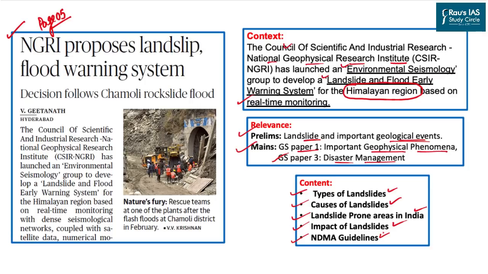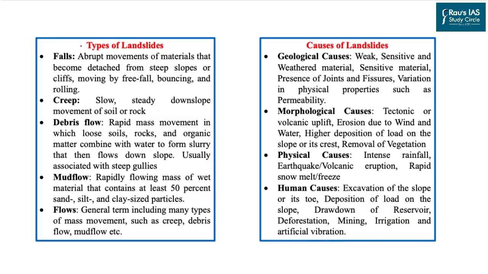So let's start. The types of landslides include falls, creep, debris flow, mud flow, and flows. This basic division is based on the composition, the speed of movement of the material, and the slope of a particular land. The first one includes abrupt movement.